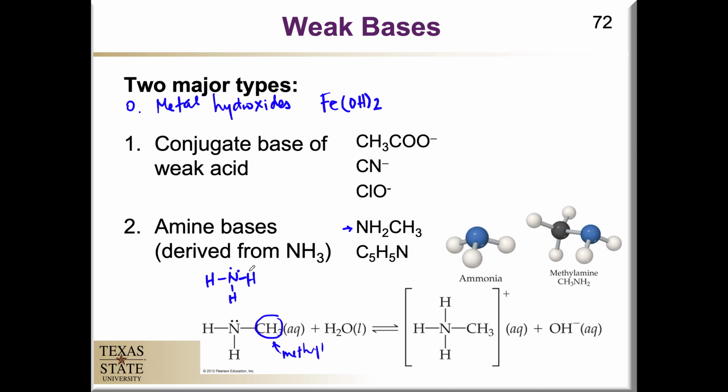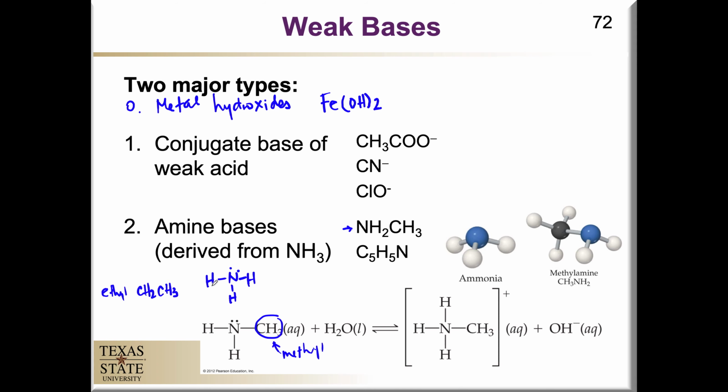Some of the other amine bases might have two methyl groups or maybe three methyl groups instead of the hydrogens. Or we might replace the hydrogen with something called an ethyl group. An ethyl group will be written as CH2CH3.